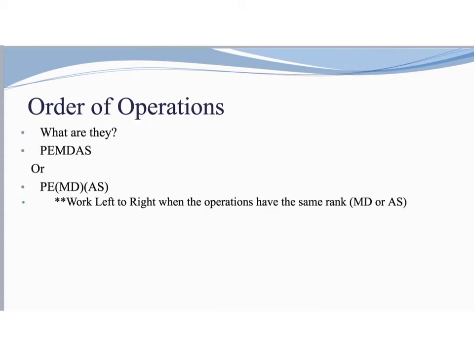So what are the order of operations? Well, we like to use the acronym PEMDAS. And what this means is we're going to go with parentheses first. That's our P. Then we have exponents for the E. Then we're going to look at multiplication or division, and you're going to work left to right when we have multiplication or division.